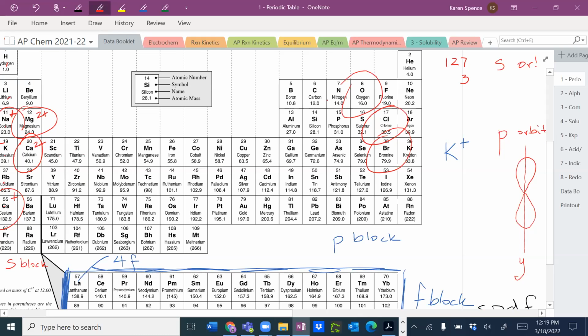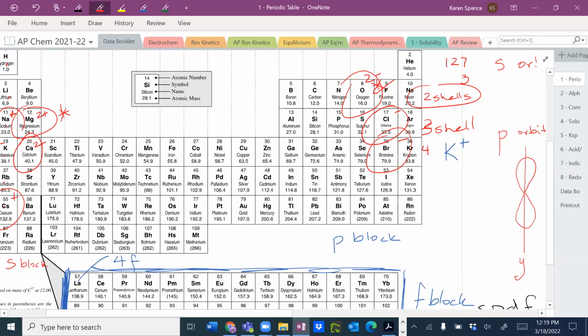In terms of smallness, oxygen is going to be the smallest because it's only got 2 shells, whereas chlorine has 3 shells and bromine has 4. So oxygen's the winner on the size front. It's also the winner on the charge front. It has a larger charge. So our winner is magnesium oxide.